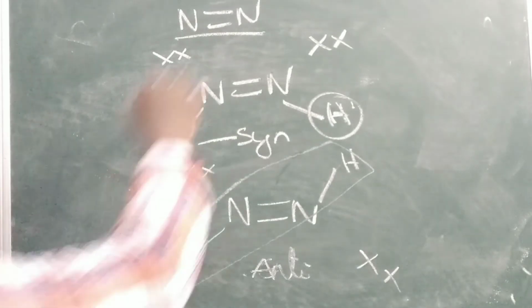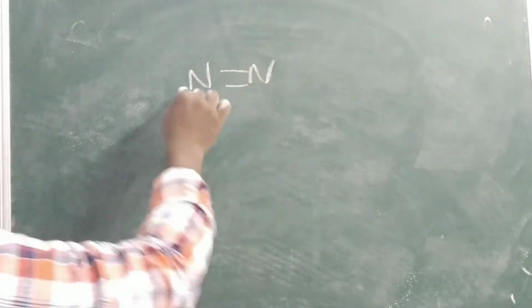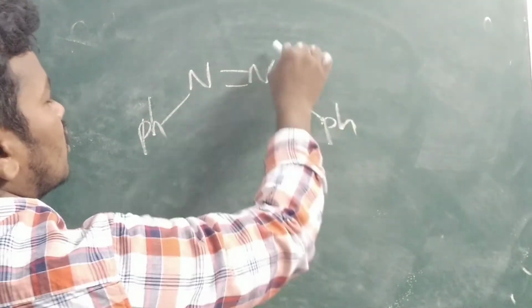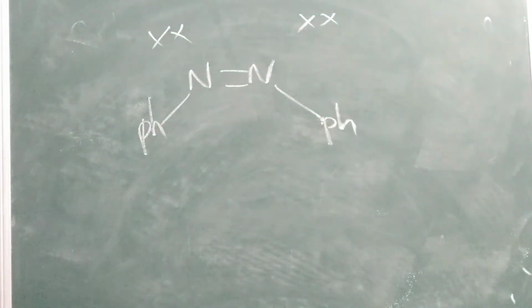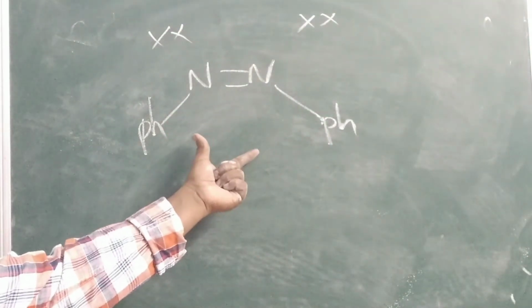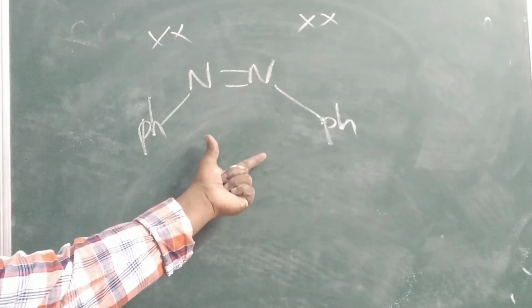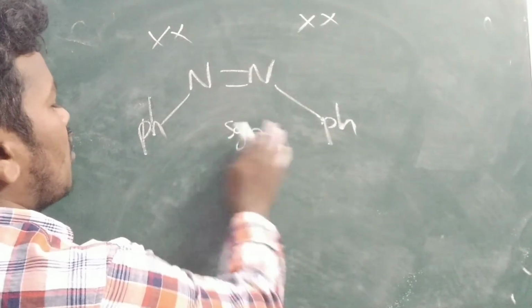So see another example. Same side, same type of groups are presented. This is very easy when compared to carbon double bond. So N double bond N, and in place of hydrogen I am taking Ph, phenyl. Syn or anti? Both phenyl groups are presented on the same side, so it is called syn.